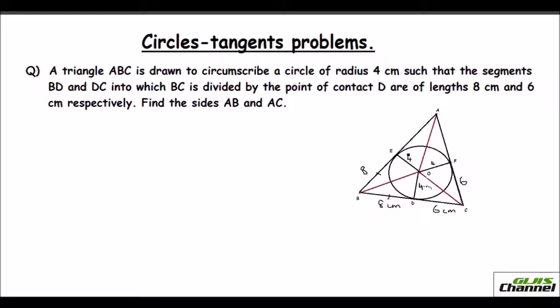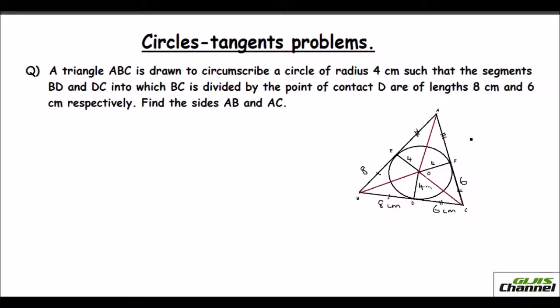And here AE and AF are equal as they are the tangents, right? A is an exterior point for the circle, and AE and AF are tangents.